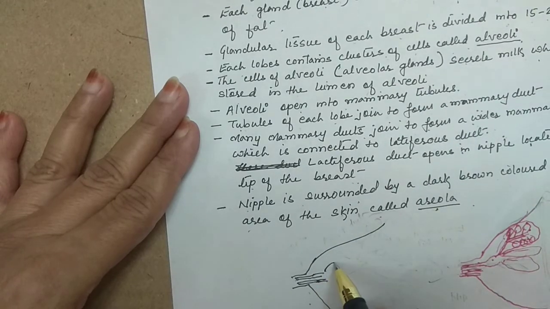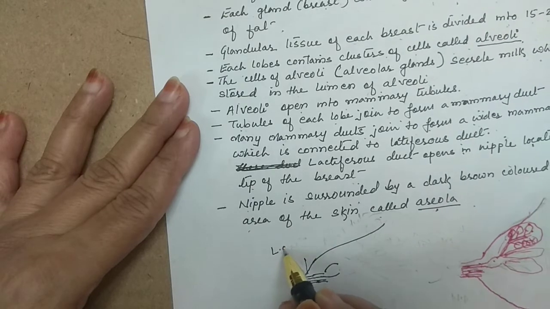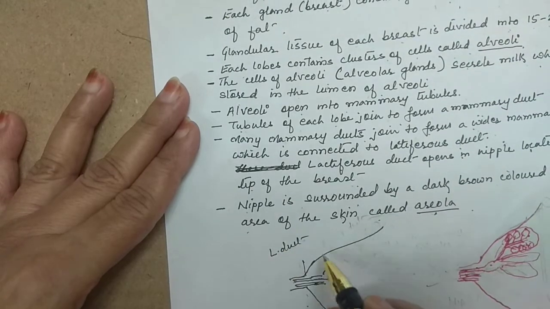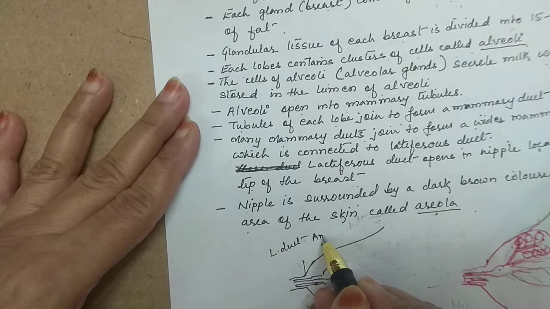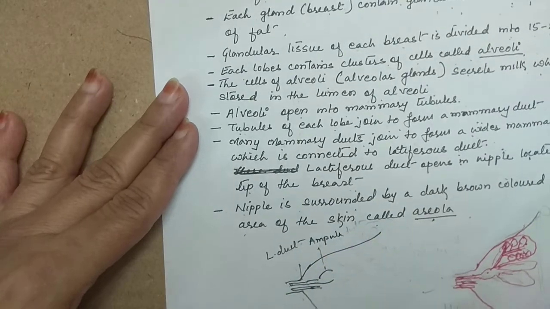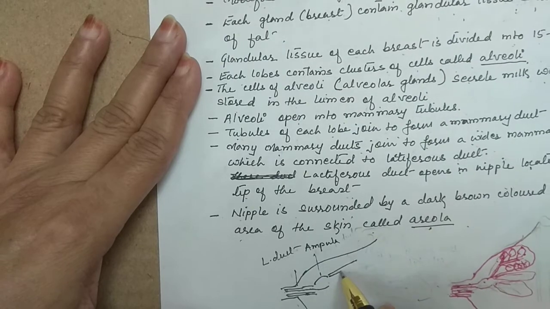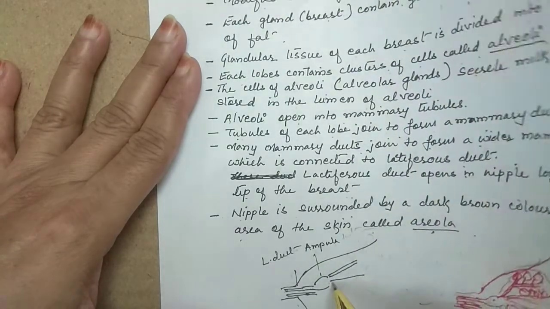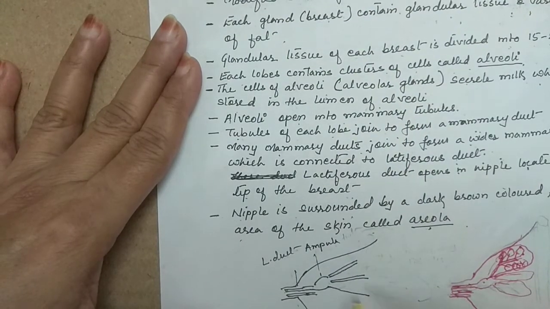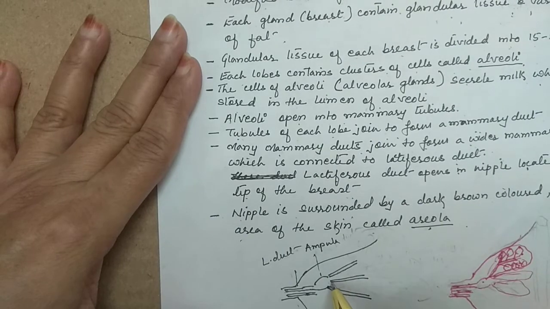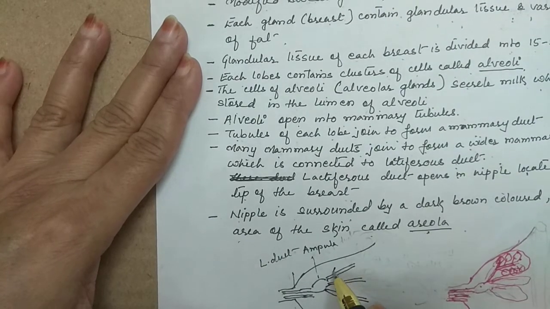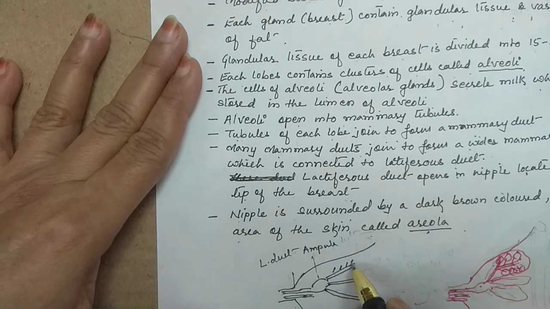This lactiferous duct merges into the ampulla, the mammary ampulla. The mammary ampulla has many mammary ducts. This mammary duct has alveoli and tubules.